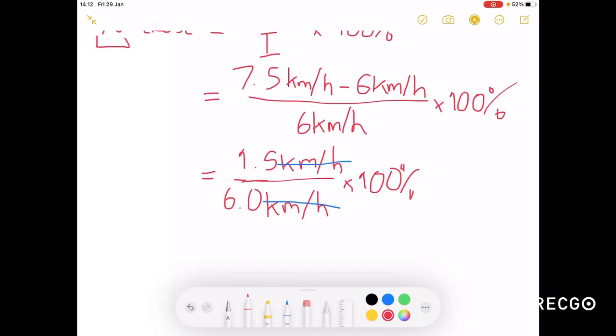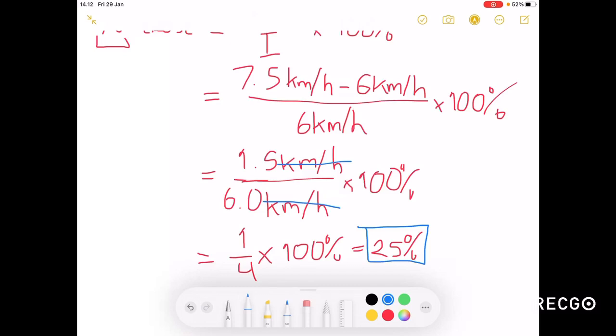And then you can multiply the numerator and the denominator by 10, and you can see that this will simplify into a quarter, and this is multiplied by 100%, which is just equal to 25%. So for our B part, the percentage increase is 25%. I will do some more examples just a bit later.